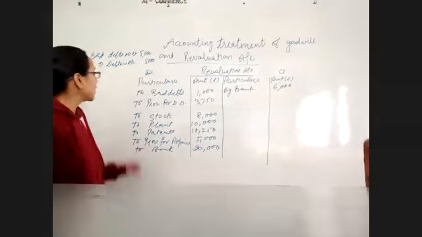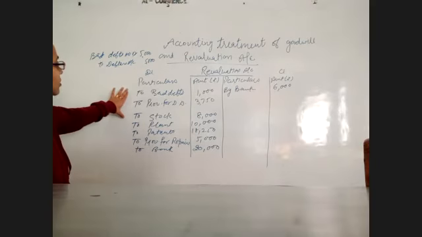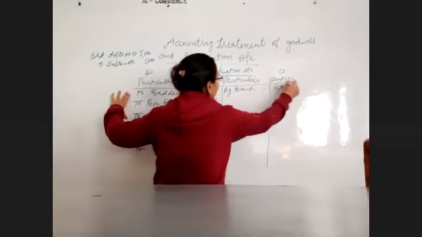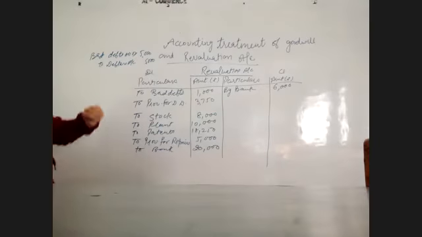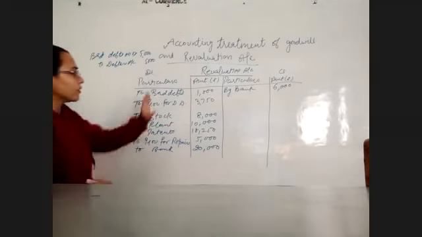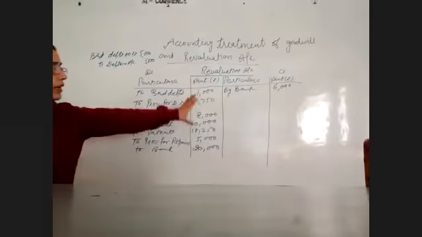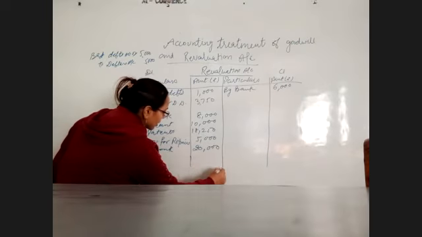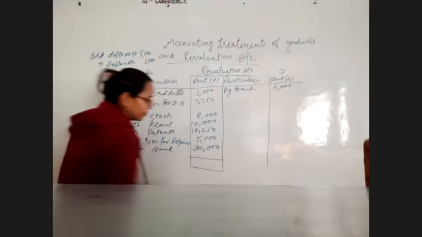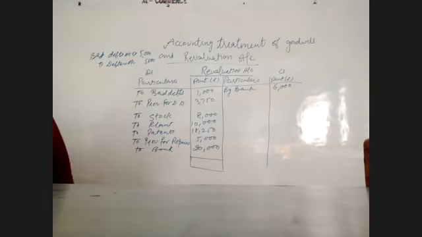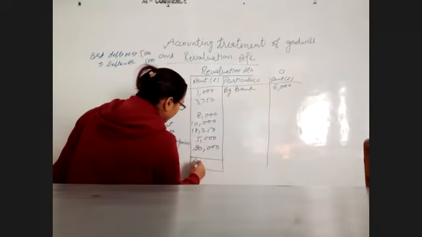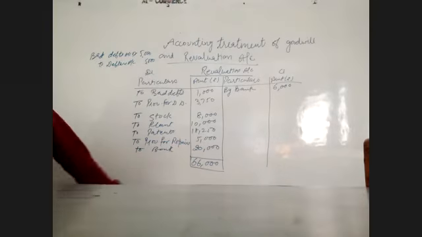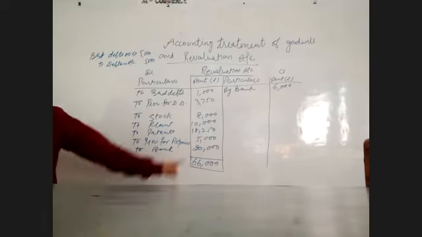Okay, you are required to give necessary journal entries for the above adjustment and to prepare revaluation account. So students, I have made all the adjustments in the revaluation account, and I have also told them along with the journal entries. So you can note down all journal entries. Also, first of all, make the total and calculate the balance. Total is 26,000 in debit side and 6,000 in credit side.